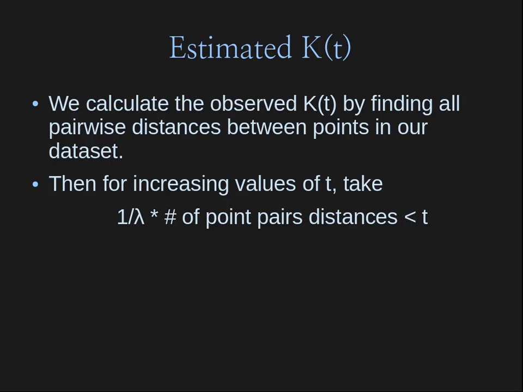That is roughly equivalent to how many points I can expect, times 1 over the density, from a random point with a diameter of distance 1.